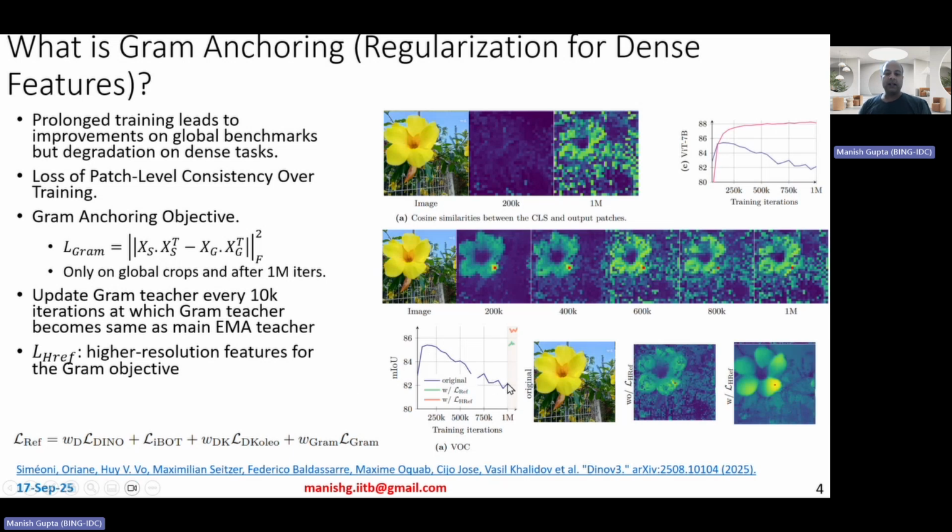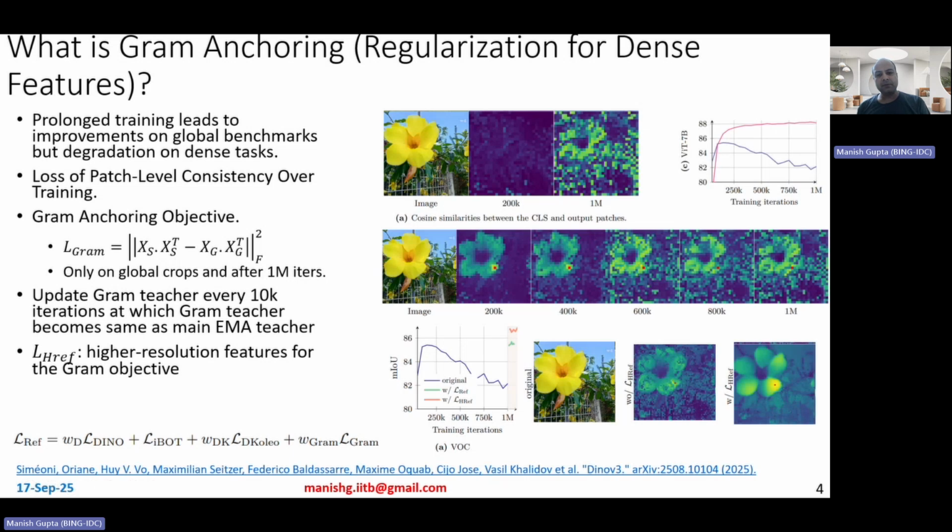However, as soon as you do even 10K iterations, even very few iterations with this gram objective, the accuracy improves. This is not loss, this is mean IOU. Mean IOU keeps decreasing, but as soon as you start using the gram anchoring objective, there is suddenly a jump in the mean IOU accuracy, and it regains the lost accuracy. This is the beauty of the gram anchoring objective.